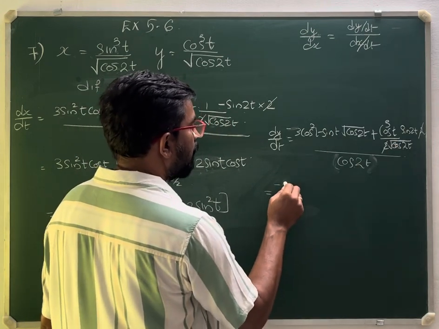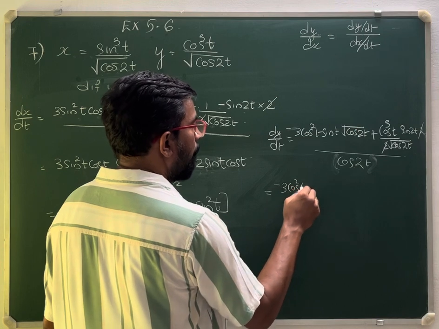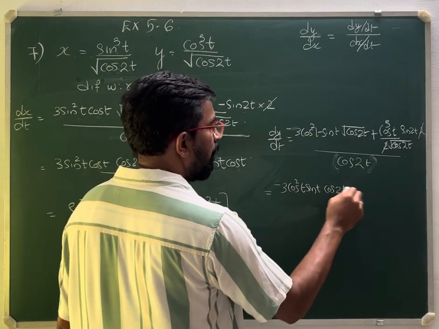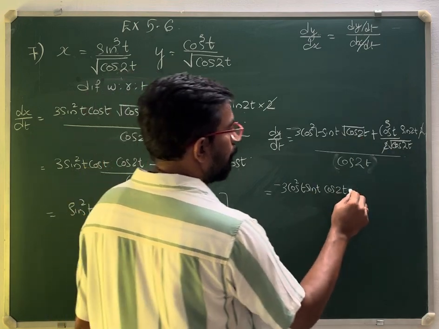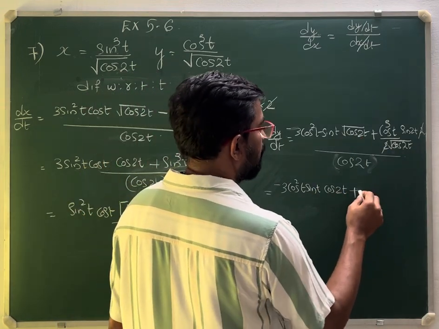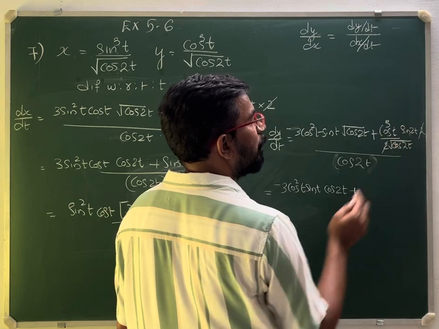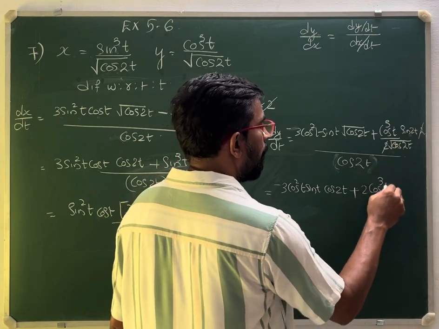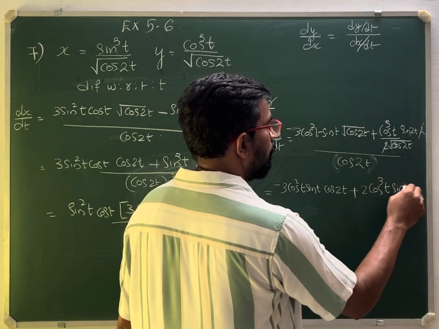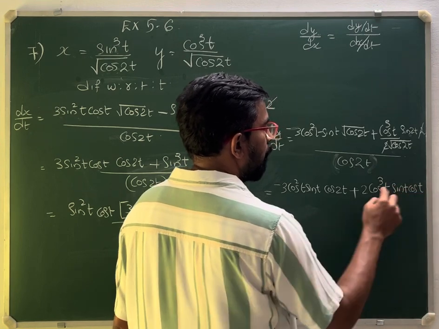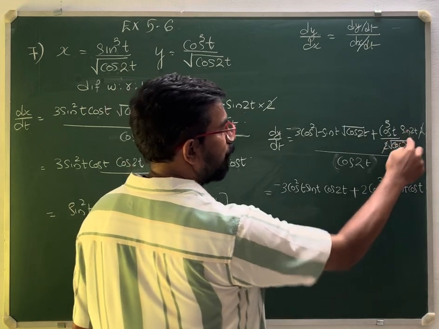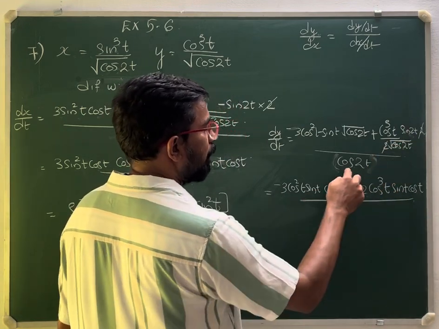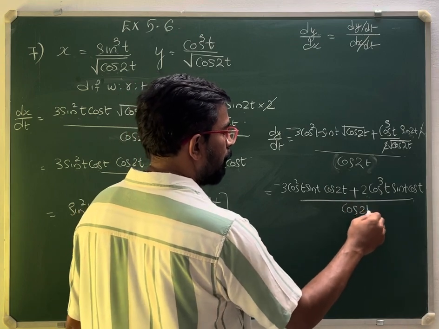So you will get minus 3 cos square t sin t cos 2t, the root gone, plus, sin 2t I write as 2 sin t cos t, so 2 cos cube t sin t cos t, cos cube was already there, divided by cos 2t to the power 3 by 2.